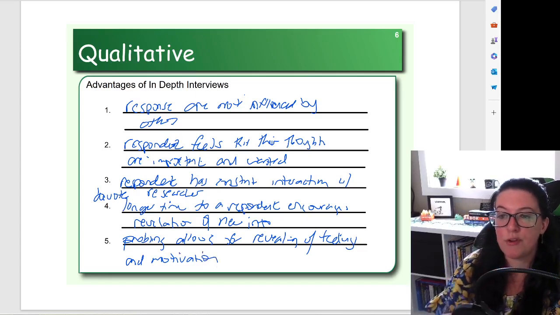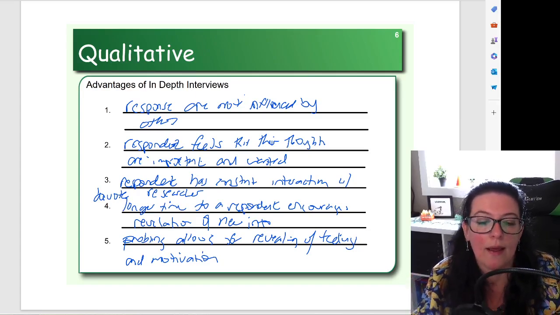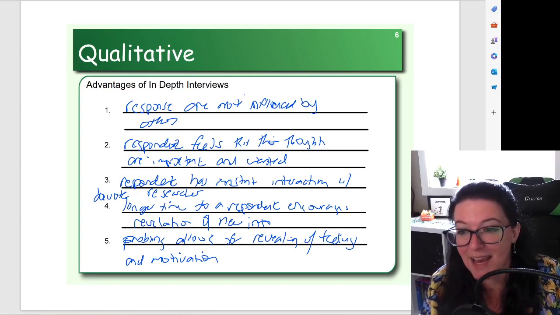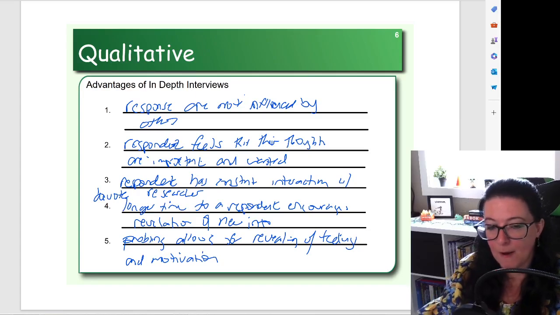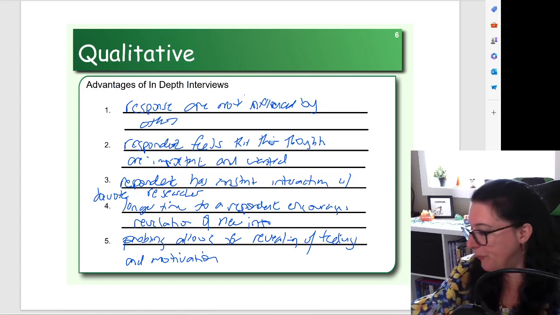So again, we use interviews to figure out why people feel a certain way, why people act a certain way, getting them to dive deeper into the processes they take, the decisions that they make, why they feel a certain way that they do.